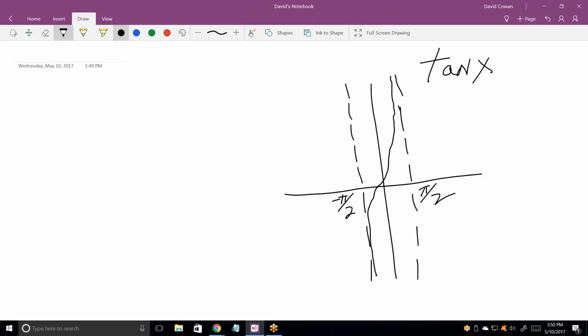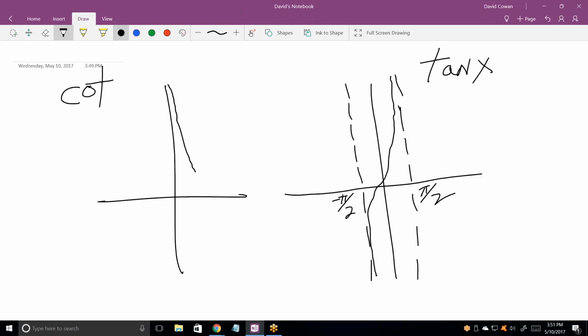Is cotangent the opposite of that? Like, does it curve the other way? Yes. And it starts at a different place. Cotan goes from 0 to pi, always decreasing, where your vertical asymptotes are at 0 and pi, not the same place as they are for tangent.